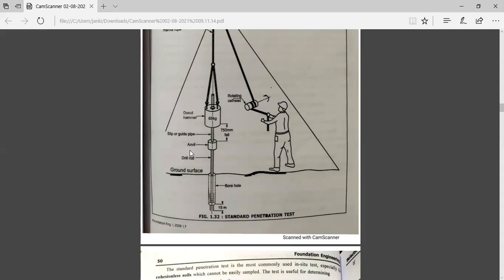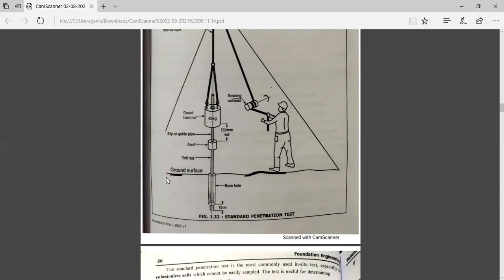In other words, the SPT value is equal to the number of blows required for 300 mm penetration beyond the seating drive of 150 mm. If the number of blows for 150 mm penetration exceeds 50, it is taken as a refusal and the test is discontinued.